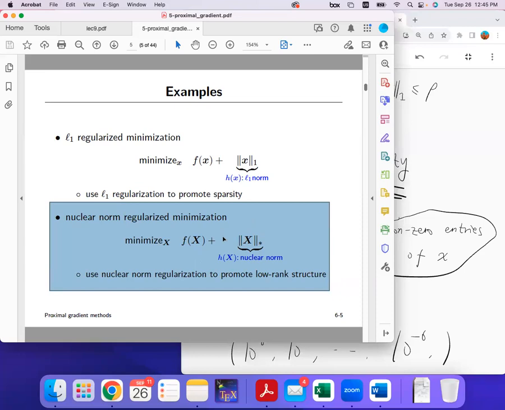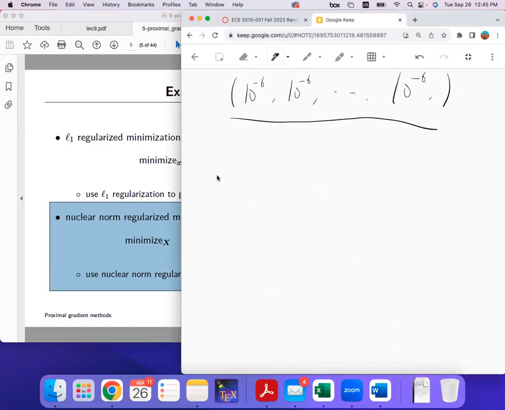You take all the singular values of this matrix and compute their L1 norm. And because of the definition, basically we are looking for a matrix solution X that has sparse singular values, because this nuclear norm is the L1 norm of the singular value vector.